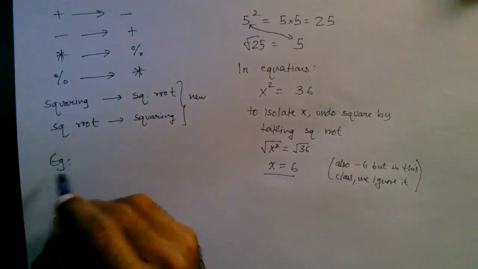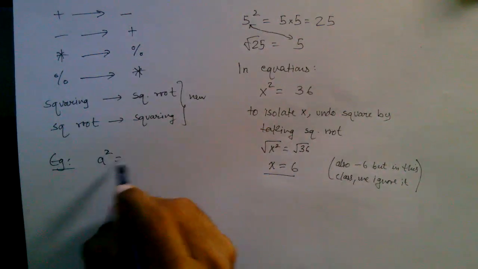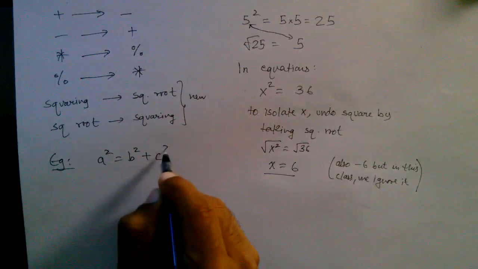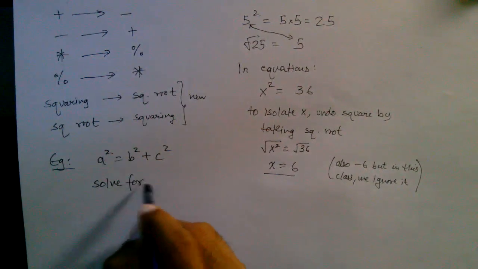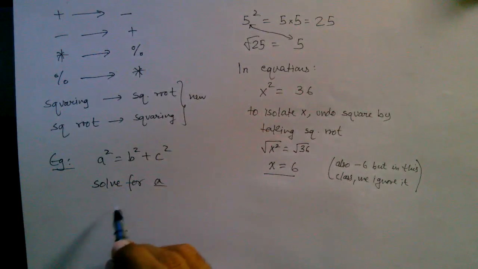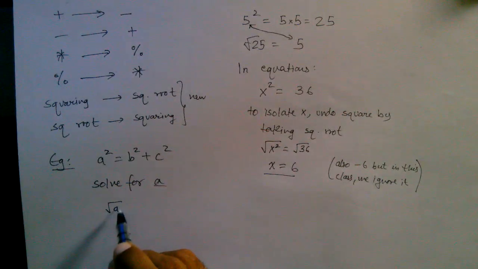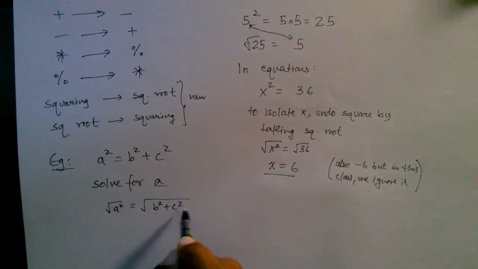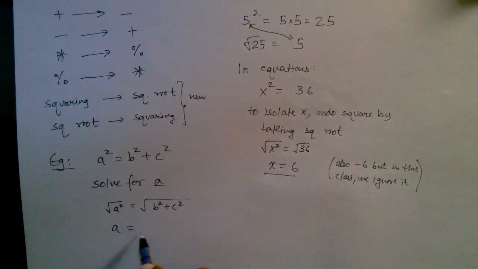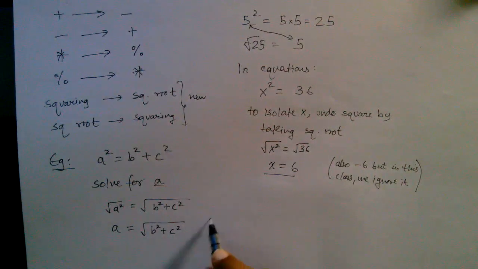Now let's look at an example here. Let's say you have three variables, a squared equals b squared plus c squared, and you are asked to solve for a. So once again, all we are doing is taking the square root on both sides. Now when you take this square root, this is a, but this remains square root of b squared plus c squared.